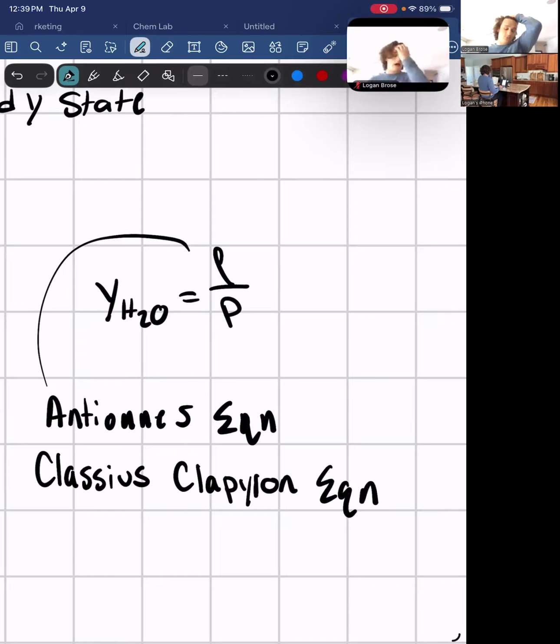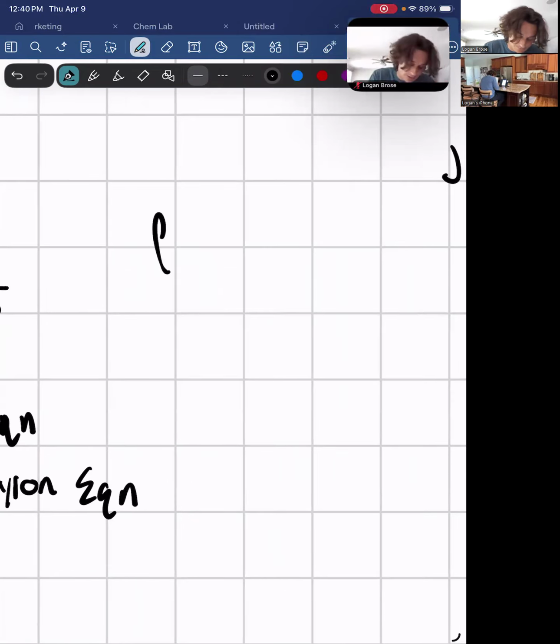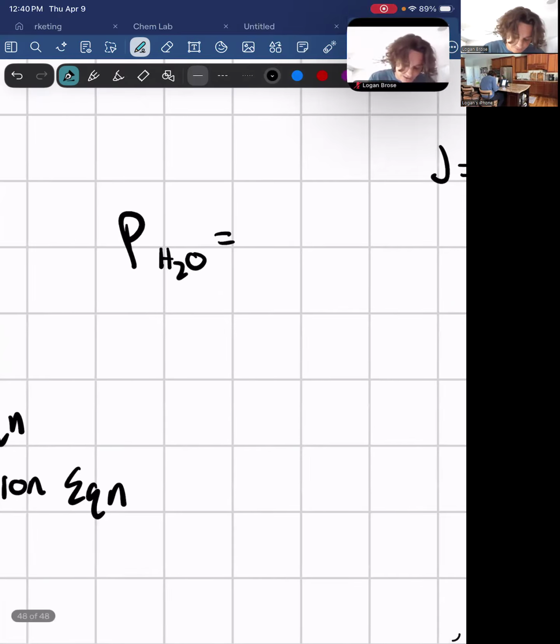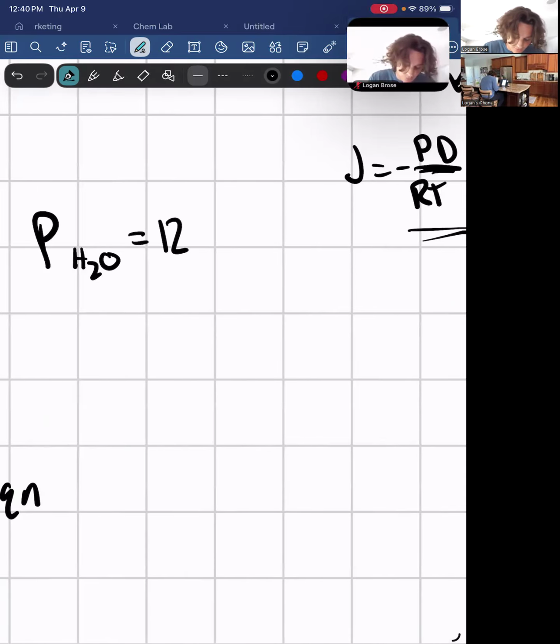Now, these will both get you to your partial pressure using your temperature, your pressures, and constants. But for a substance such as water, it is super commonly used, so it has been experimentally found, and you can just look it up. So our partial pressure of water just equals 12 times 10 to the third pascals, right?